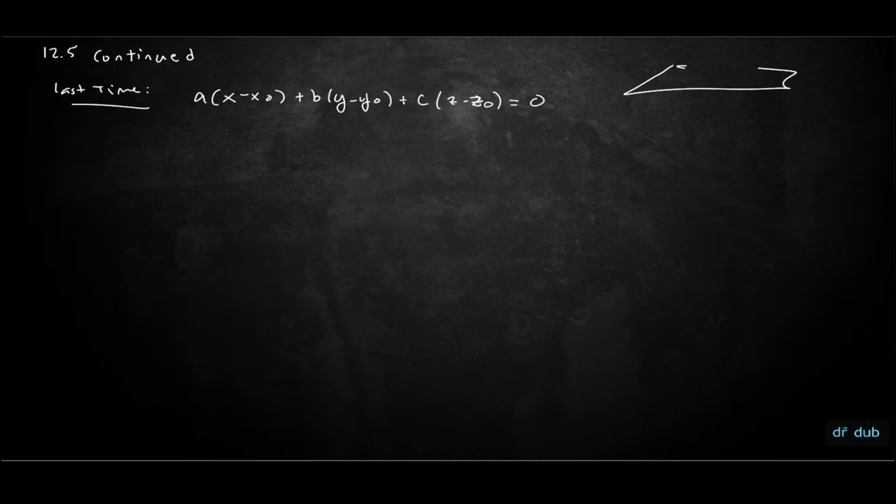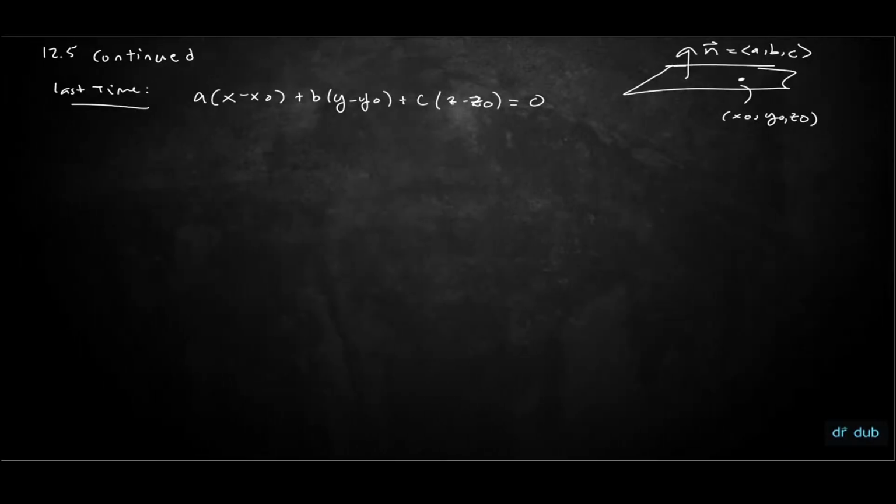And for the plane, we had a normal vector, n, which was ABC, and then we had a point x0, y0, z0 that was just any point in the plane. And if we have a point in the plane and a normal vector, we can automatically know the equation of the plane. So that was the scalar equation of the plane.